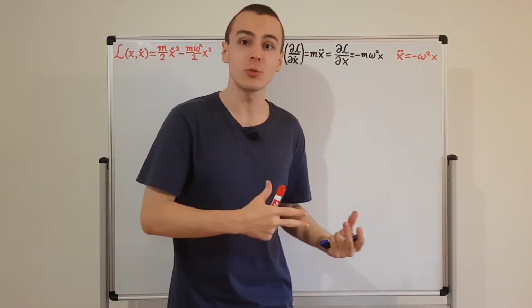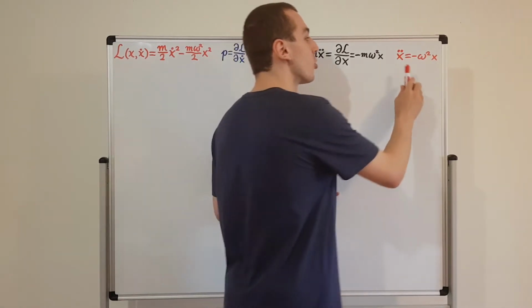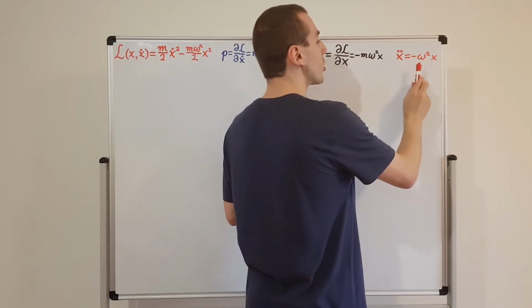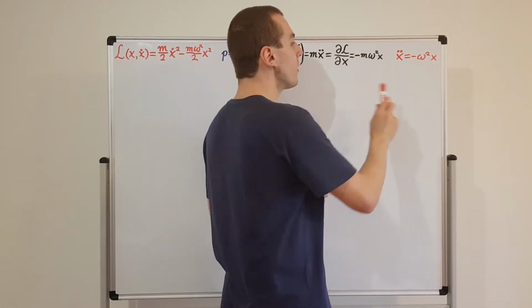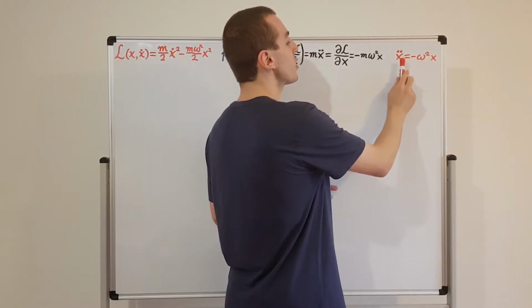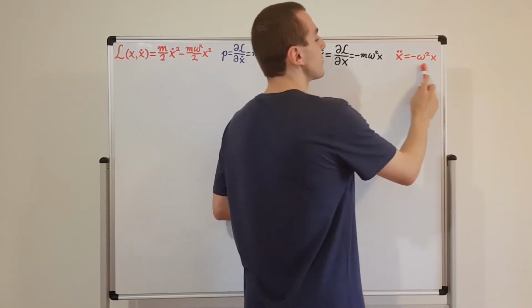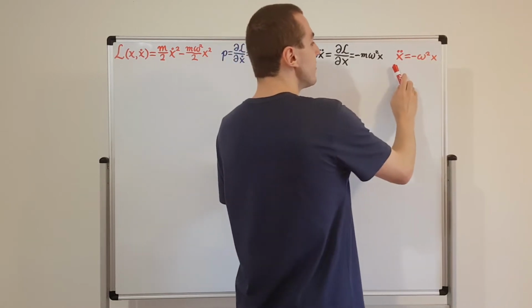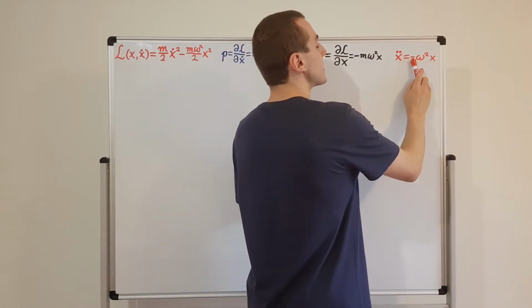To find the trajectory of a particle, what you have to do is solve the equation of motion. And this equation of motion is a second-order differential equation. What function would satisfy this? So what function x of t would satisfy this? We need a function that, if you take the second derivative, gives you back the same function with a minus sign.